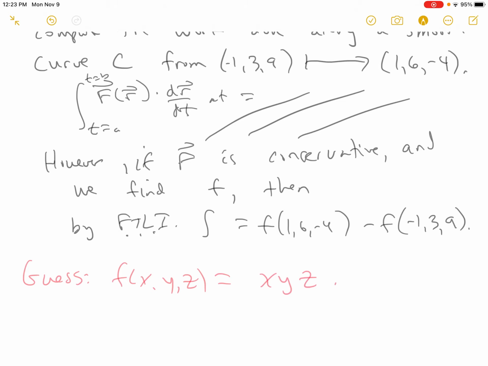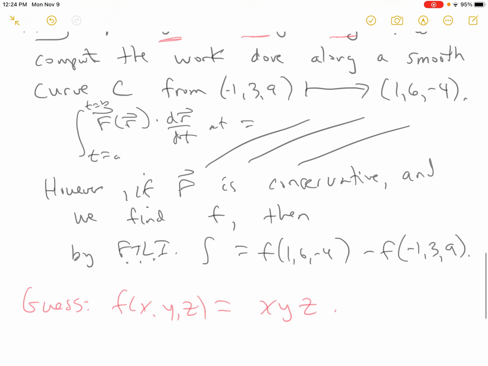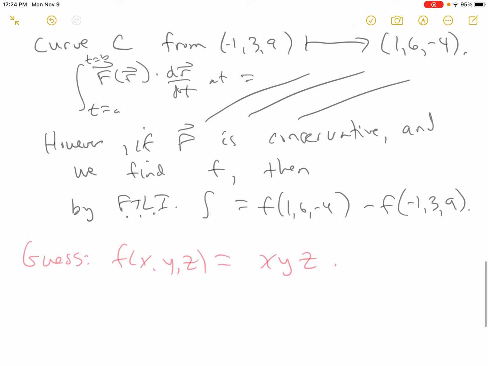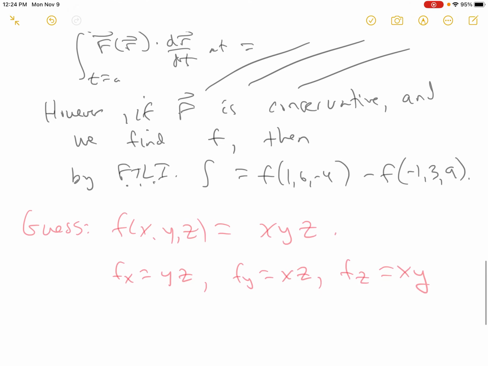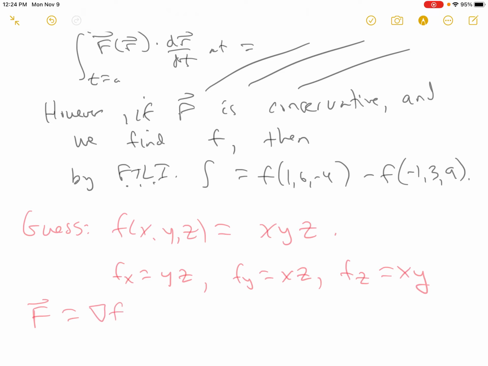This is just an educated guess because, well, look, f sub x is yz, f sub y is xz, and f sub z is xy. So we have yz, xz, xy. Sure enough, our guess was right. And F is conservative.